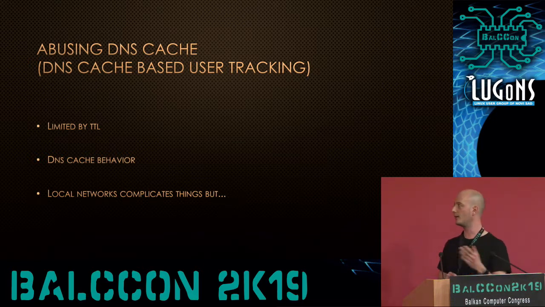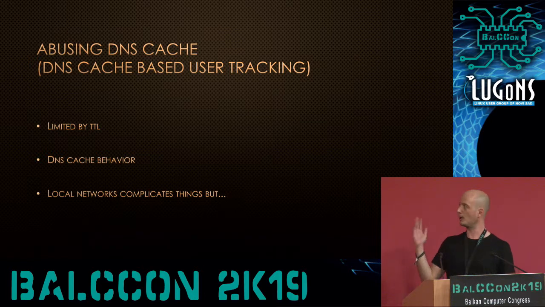The Chrome browser has a different internal policy on how long it keeps respecting TTL, and DNS cache behavior is different on different operating systems and so on. So the method can be used, but you cannot rely 100% on it.